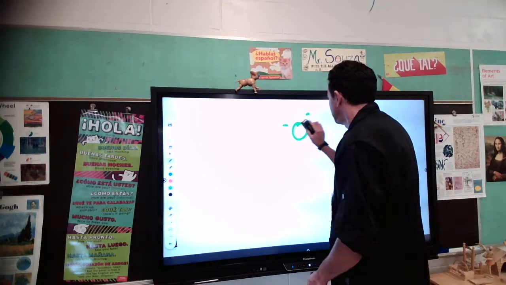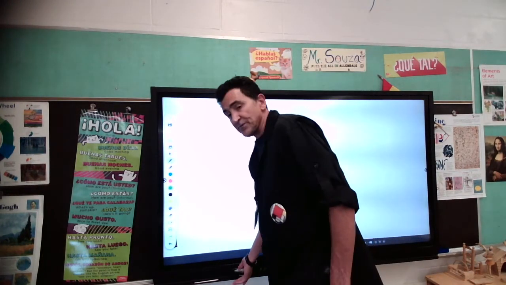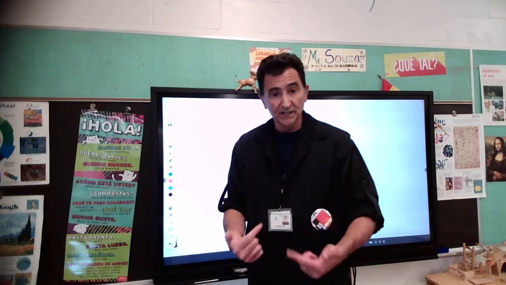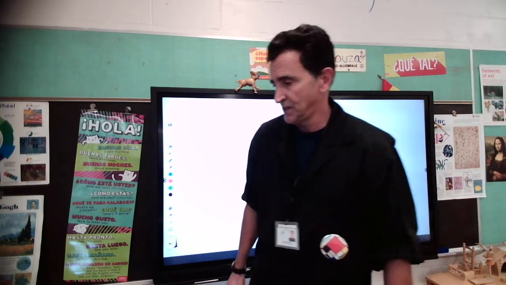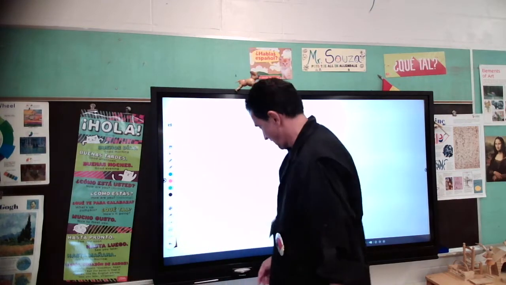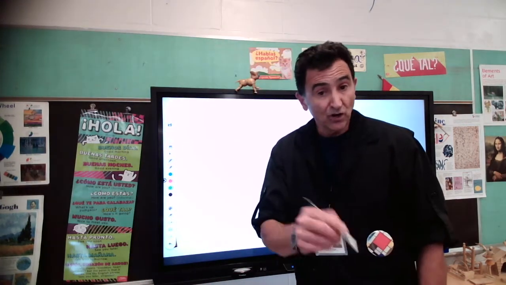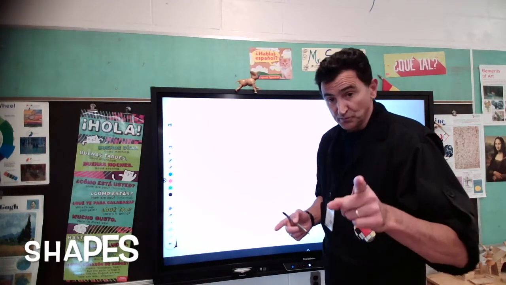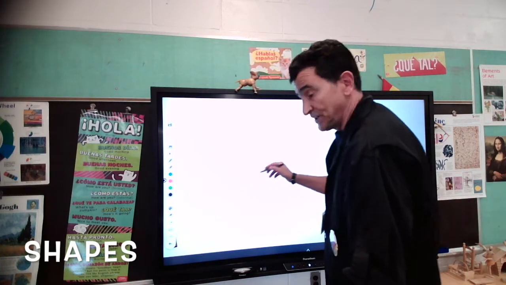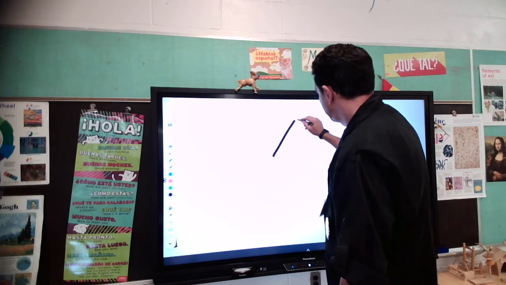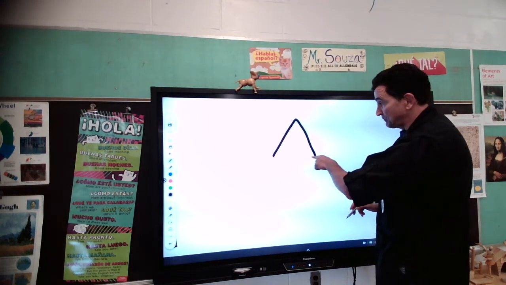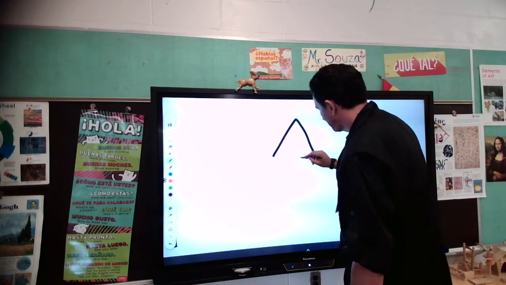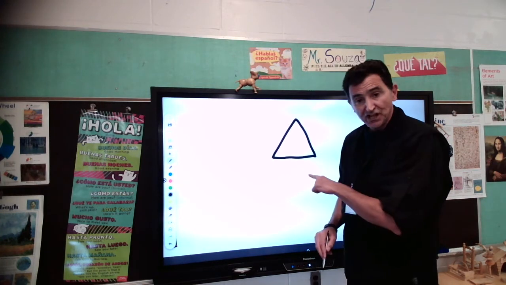Now, we've been talking a lot about lines. Lines are very, very important for us artists. Now, let's talk about something else we've been using too: shapes. Do you remember shapes? If I get a line and I keep going with that line back to where I started, I have a shape.